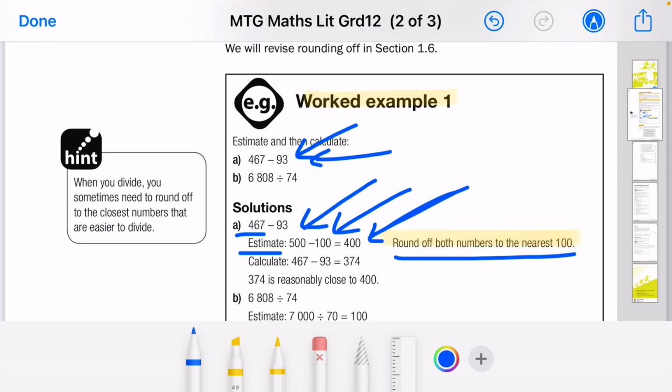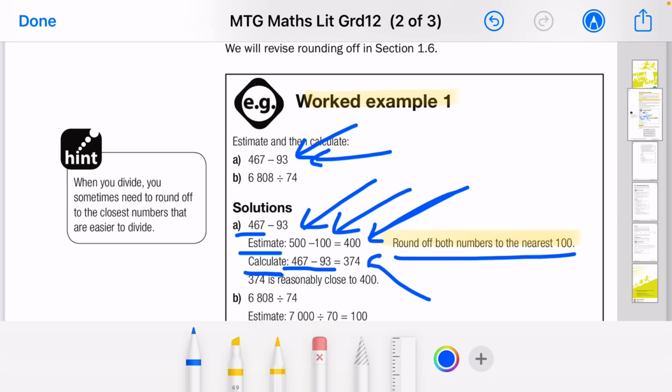In that way, you have estimated the difference of 467 minus 93. Now the last step is for you to calculate. Let's calculate. That means you punch all of this on a calculator and you get that value, which is the exact number of the difference between those two numbers.